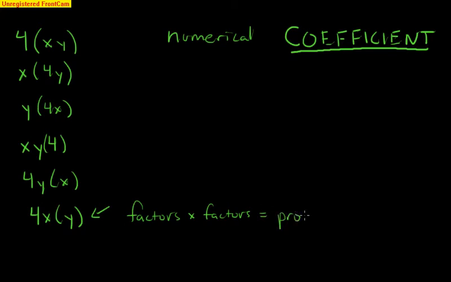We know that a product is an answer to a multiplication problem. And all of these are ways of saying the exact same thing: 4 times the quantity xy, x times the quantity 4y, y times the quantity 4x, and you guys can see that those are all the same thing.